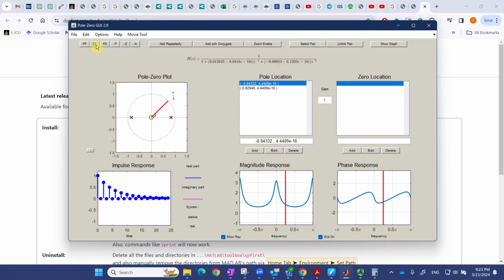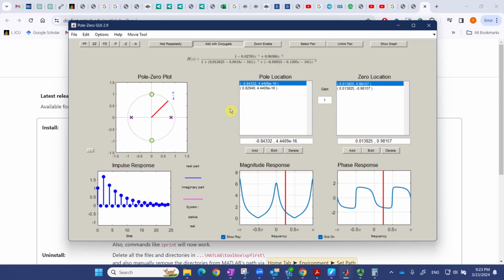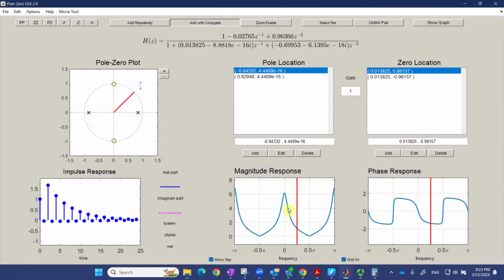I want to have 2 zeros, so I can click this one, 2 zeros like this. So you can see that's the frequency response. It looks like this, and it ends at this point.